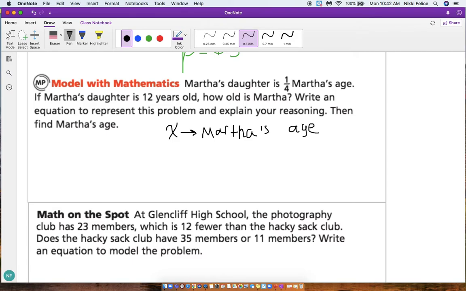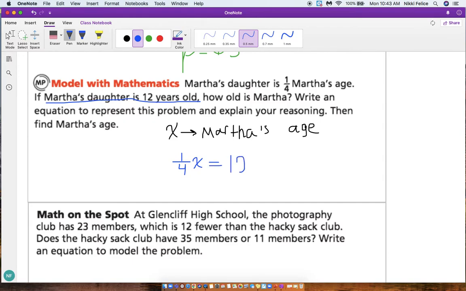Now, we know that Martha's daughter is 1/4 of Martha's age. So we can represent that by saying 1/4 of x, because x is Martha's age. And 1/4 of x, we know, is 12 years old, because 1/4 of Martha's age would be 12.